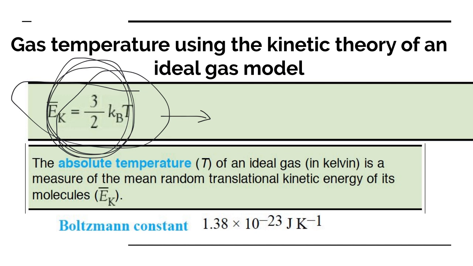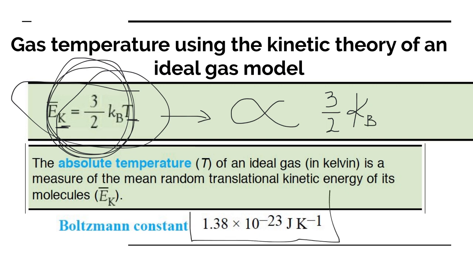But basically, the relationship between the kinetic energy and temperature is a proportional one. Now, you guys knew this already, but what we have is a constant of proportionality, which I'm going to introduce, which is 3/2 times k_B, which is the Boltzmann constant. That Boltzmann constant is 1.38 times 10 to the minus 23 joules per Kelvin.